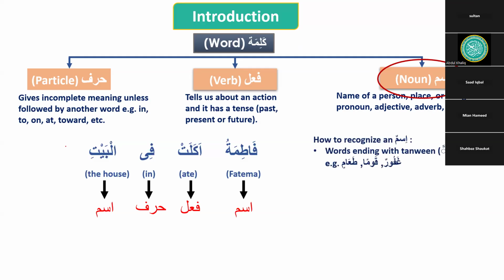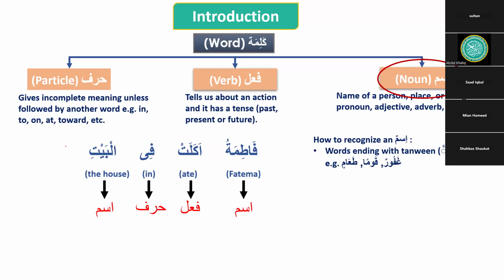So there are a few signs. Words ending with tanween. What does tanween mean? Double haraka. Dammatain, fathatain, kasratain. Or some people would say two pesh, two zabar, two zer. In the subcontinent, some people use these terms.